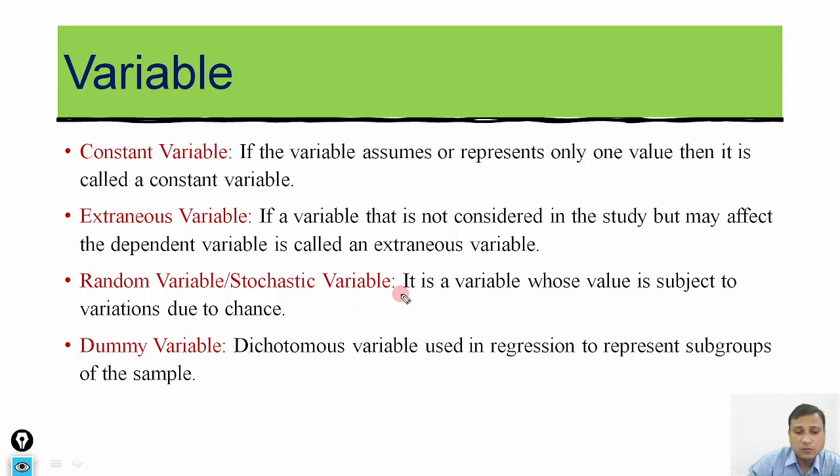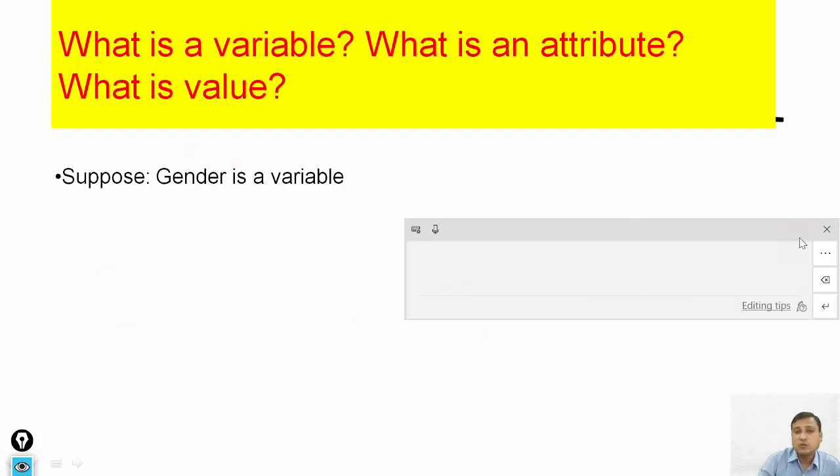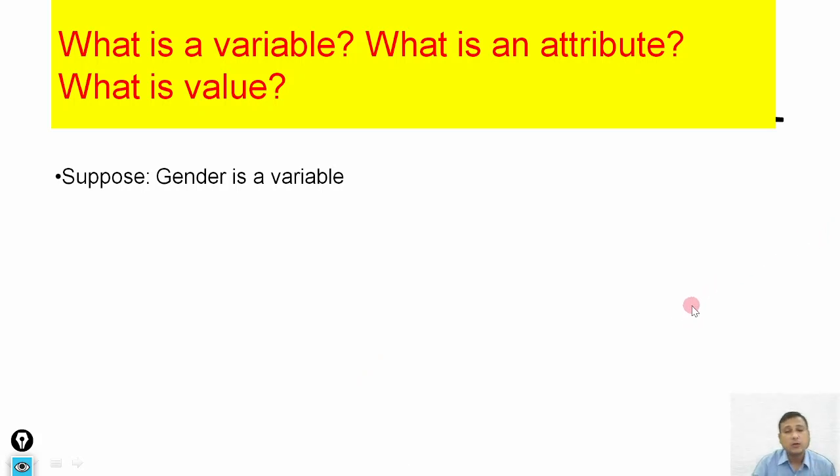Fine. Now, if I go further, what is a variable, what is an attribute, and what is a value? This is also a very important thing. Attribute and value are things you will face throughout this course, so in this lecture we'll try to understand what exactly we mean by attribute and value in the data, as far as the variable is concerned.